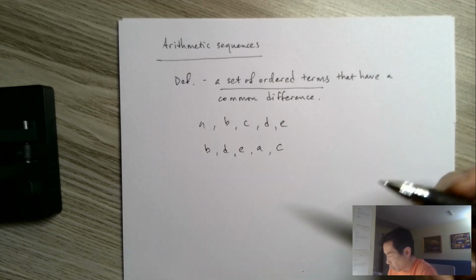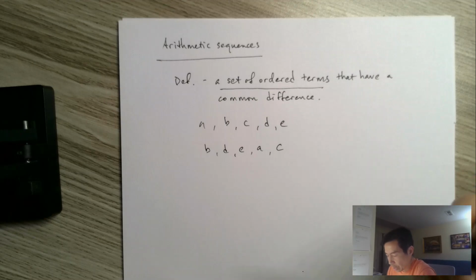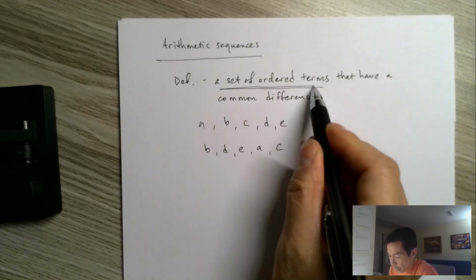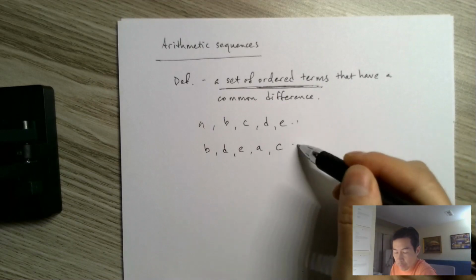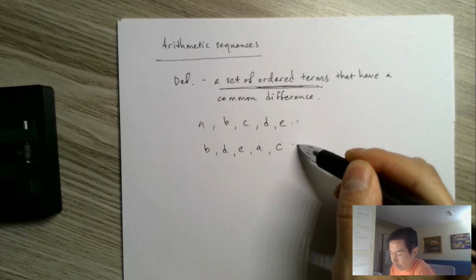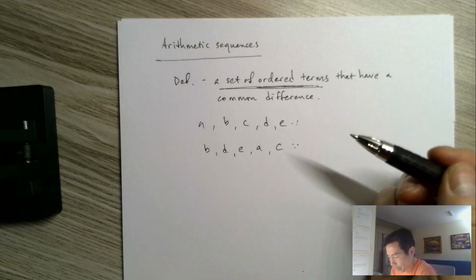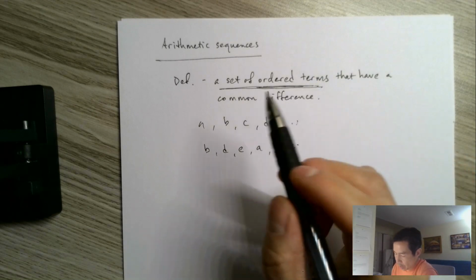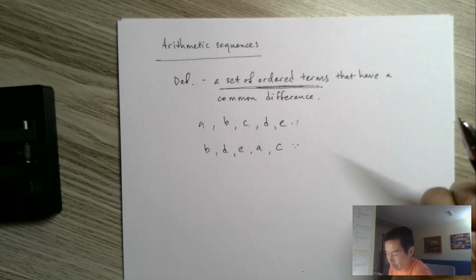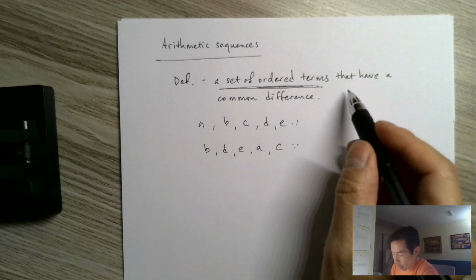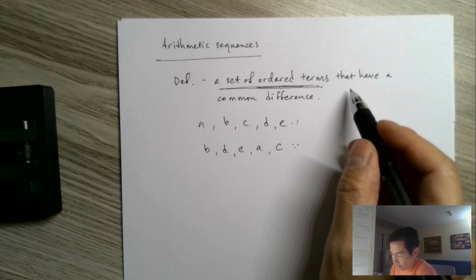Order doesn't matter, at least for just a set. But if I say the set is ordered, then the order does matter. So then these two sets would be considered different sequences. Okay, so we've got a set of terms and the order matters. And in addition to that, the terms have a common difference.